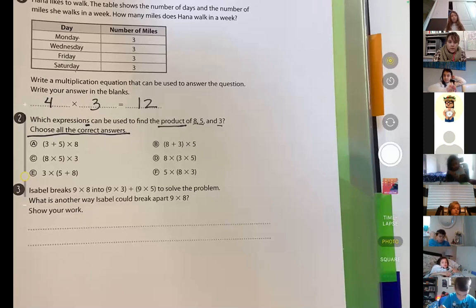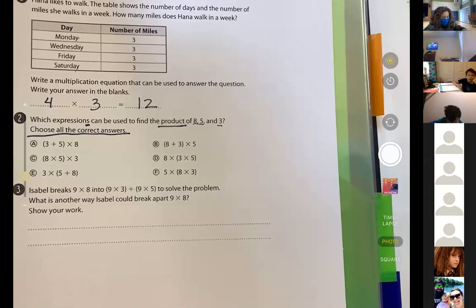I'm going to give everybody some time. Okay, who thinks they see one of them? Anybody see one?